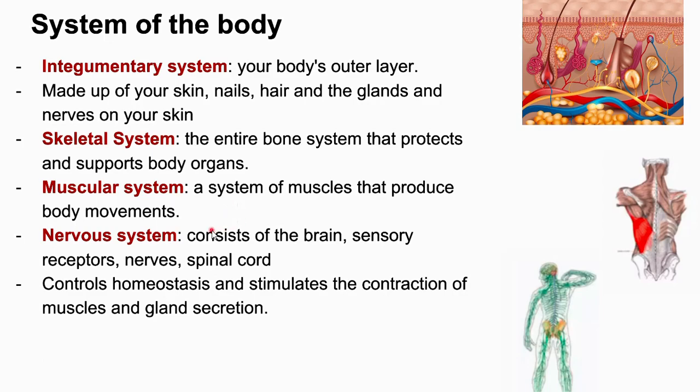Under the nervous system, we are mainly going to focus on these four things: the brain, the sensory receptors, the nerves and the spinal cord. But most important, the brain and the spinal cord are what we are going to focus on mainly. This nervous system is involved in controlling hormones, stimulating the contraction of muscles, and gland secretion.